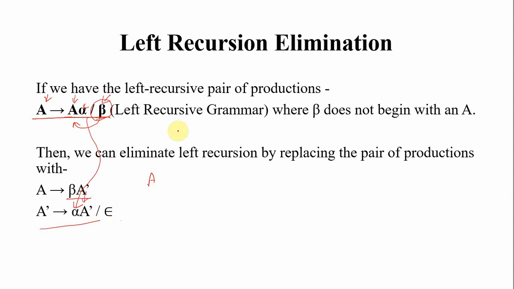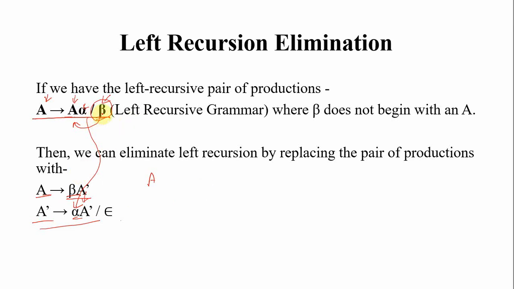This is a formula with which the left recursion can be eliminated. A dash is the new variable that we are going to introduce. So here if you look, the left recursion won't be there. The leftmost symbol on the right hand side will not be equal to the symbol on the left hand side. This is how the left recursion can be eliminated.